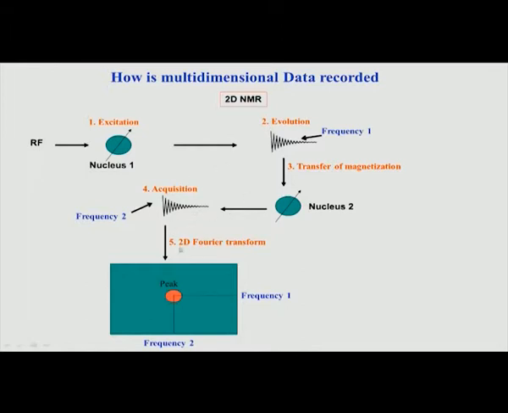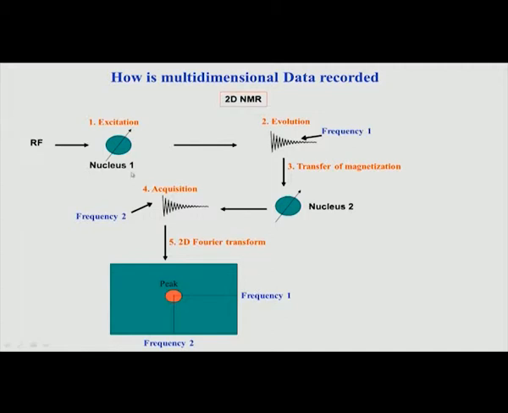If you subject it to Fourier transform, you will now get frequencies on both axes. In 1D NMR, if you recollect, we had one time domain which was converted to one frequency domain. Now, in 2D NMR we have another time domain which is plotted along the y axis, and that has a frequency also, because every FID is basically an oscillation, which is again a frequency component, and that frequency is along this axis.